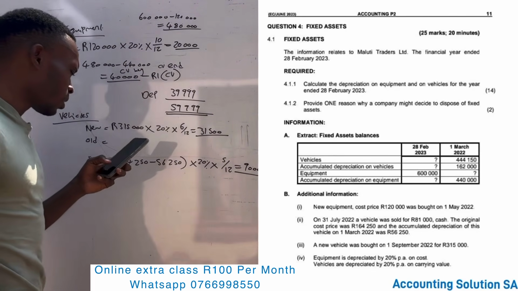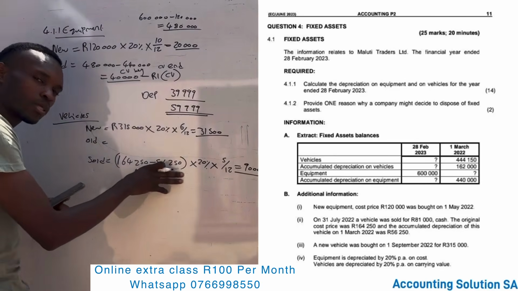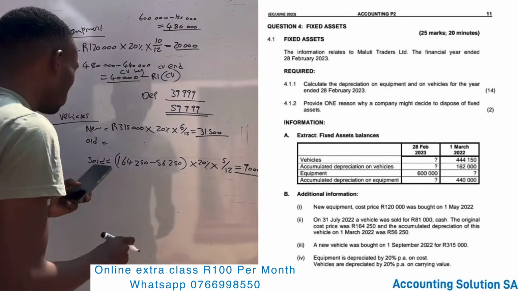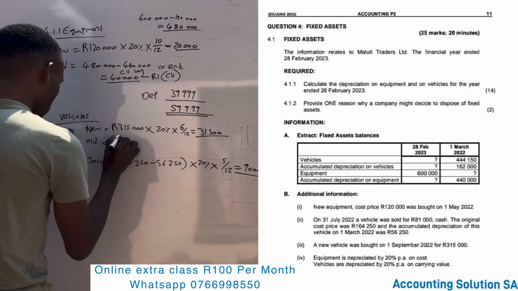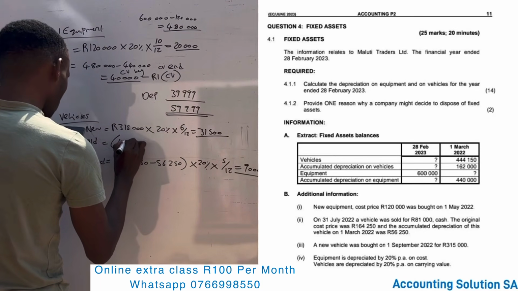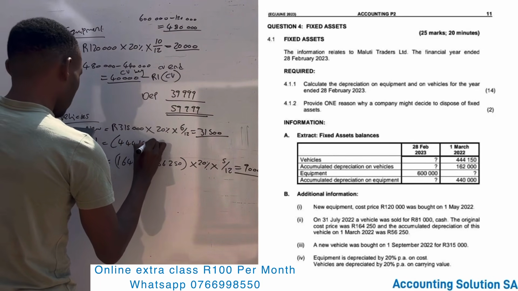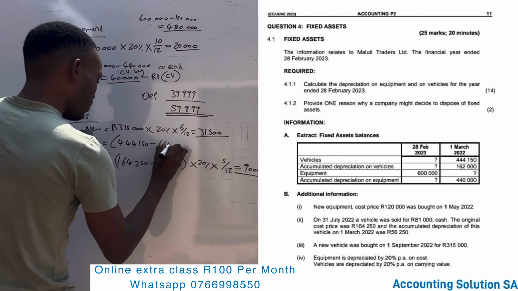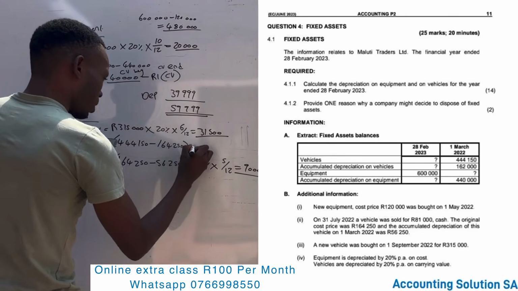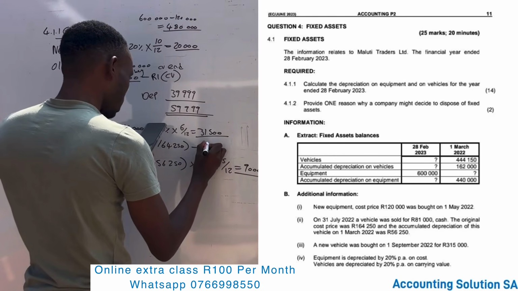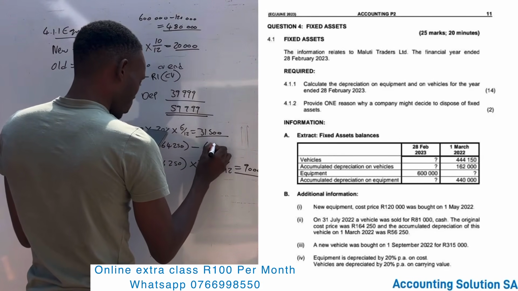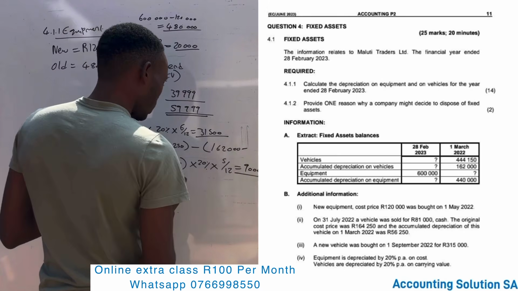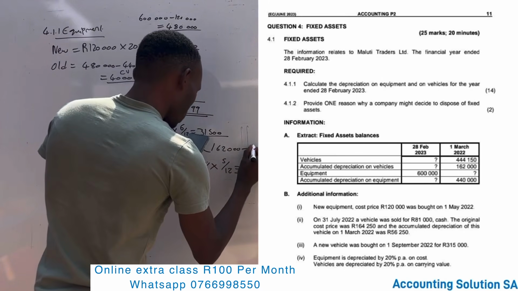Okay, the old one, guys, we must first subtract the one that we sold. Then we're going to be left with the other remaining old one. Okay, this is how we are going to do it. The cost price was 444,150 minus what has been sold, 164,250. Okay, and we have to subtract accumulated depreciation for both. Okay, 162 the old one minus 56,250 of the one that has been sold.